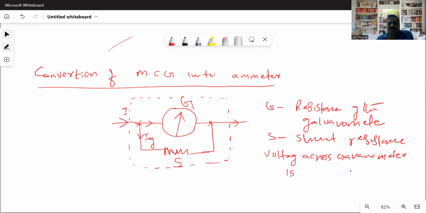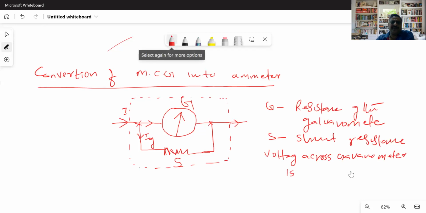Current through the galvanometer is Ig. Current through the shunt is I minus Ig.